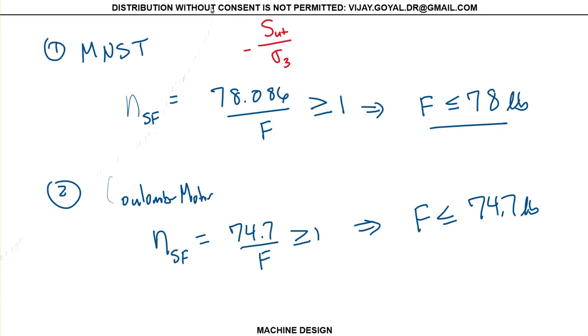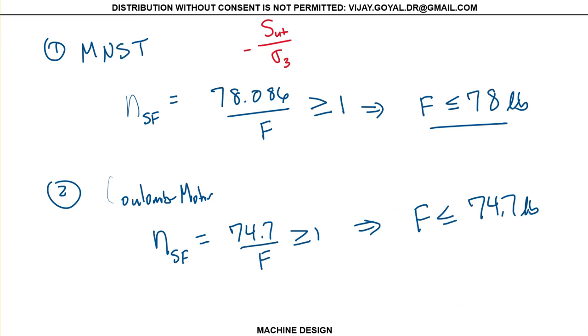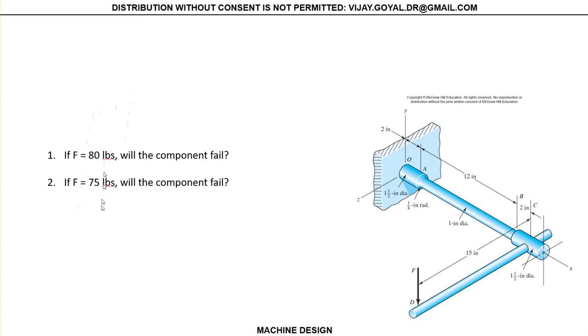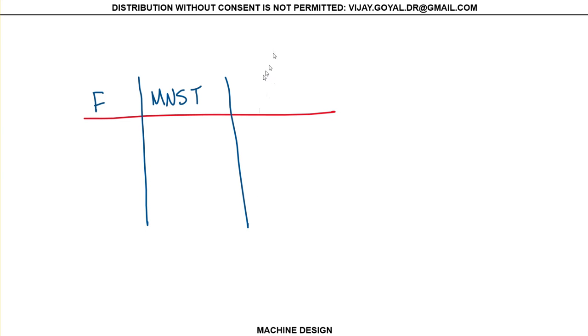So this is one part of the problem. The second part of the problem asks what happens if F is equal to 80 pounds and F is equal to 75 pounds. So all we have to do is go back to these equations, and for both cases we could make a small table here. We could give values of F, and we could say the maximum normal stress theory, and we could do the modified Mohr.